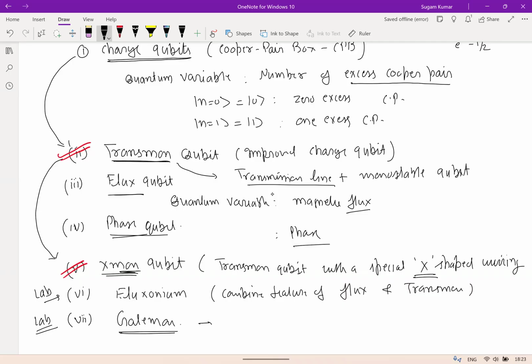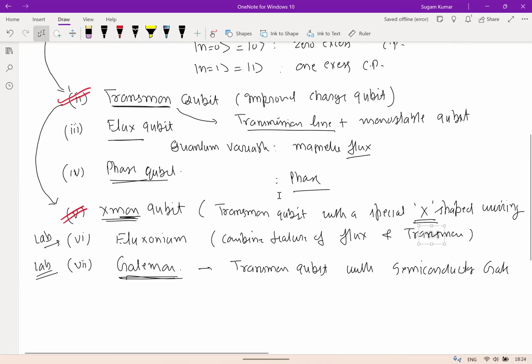So these are nothing but a transmon qubit with a semiconductor gate. And in the gatemon, one can tune the qubit frequency by applying a voltage.